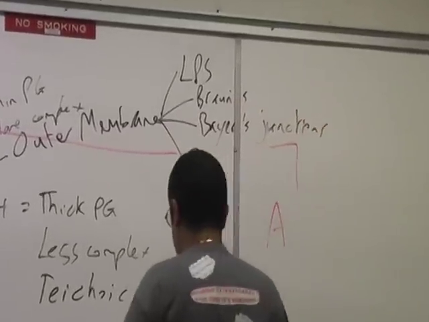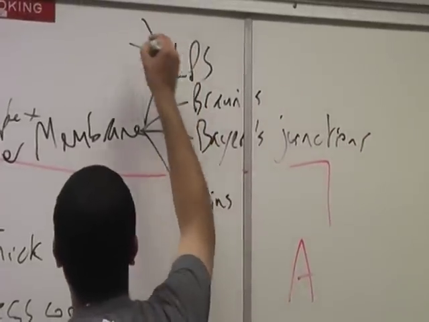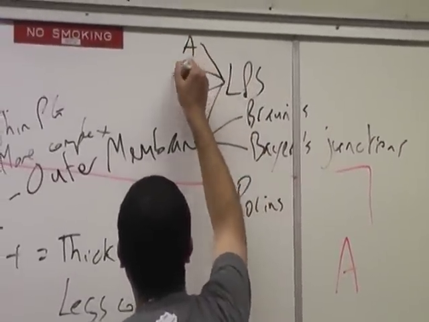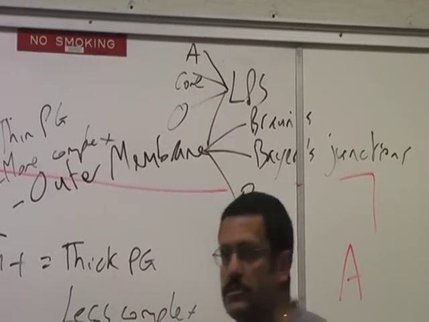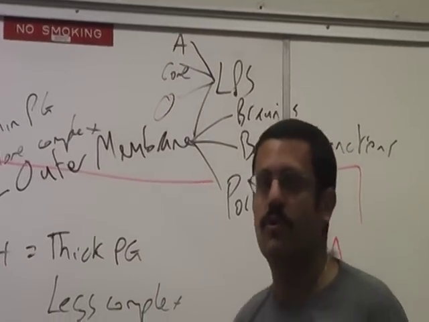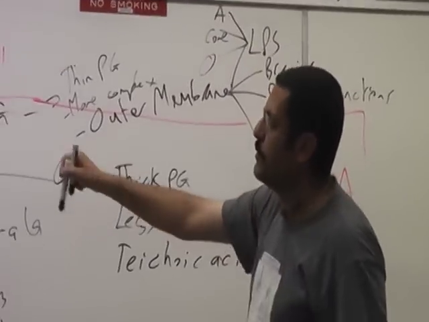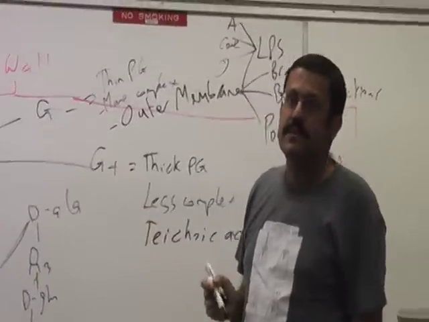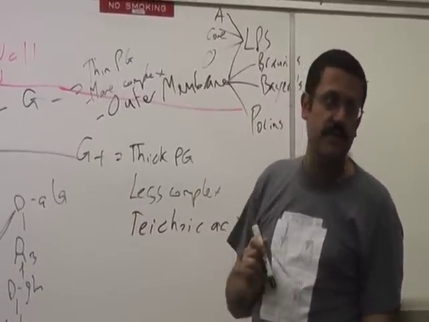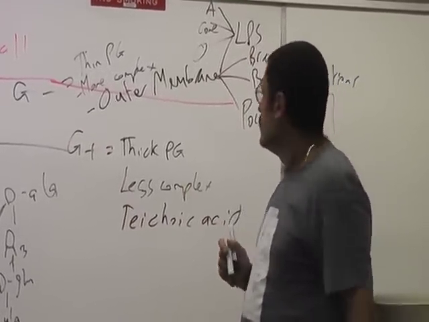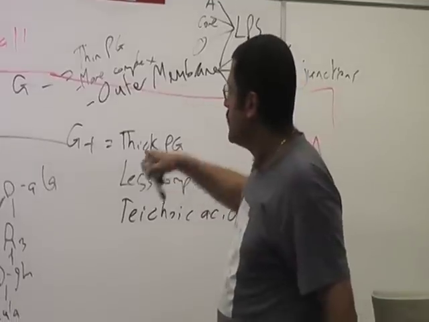Now the LPS is the one that can be divided into the 3 parts. You have the lipid A, the core, and the O antigen. So I'm spending more time on the cell wall just because it deserves it, and you're going to get a lot of questions on the cell wall. But any questions about any of the material?